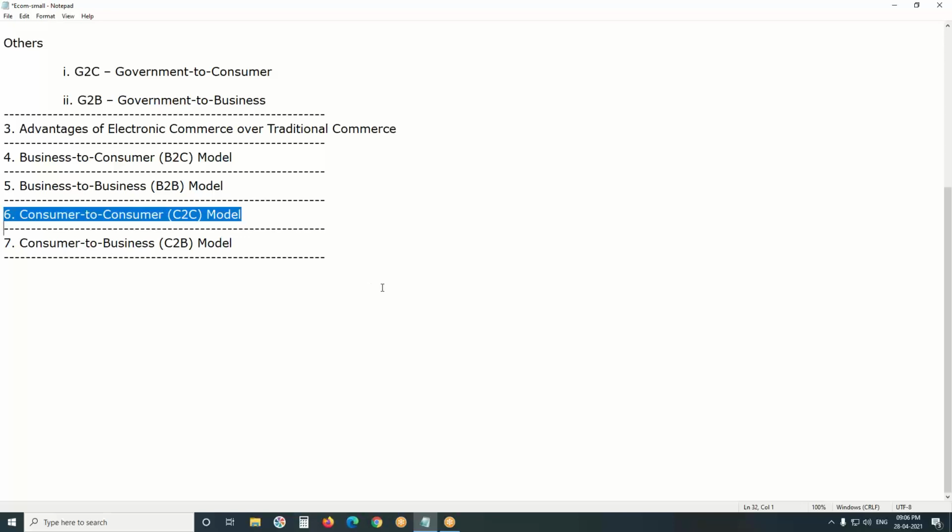Next, C2C, consumer to consumer e-commerce model. In the C2C model, the platform itself does not own or sell any products. Rather, it serves as the bridge between consumer selling and consumer buying.